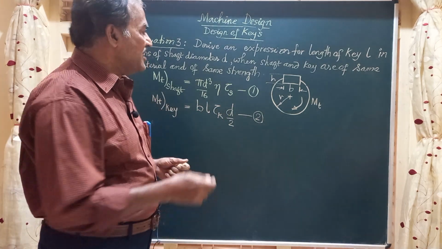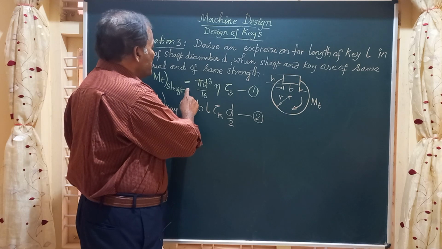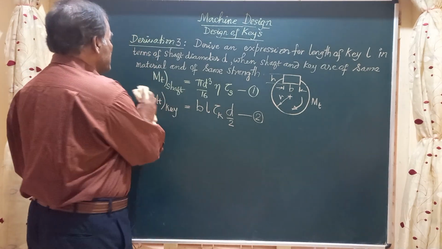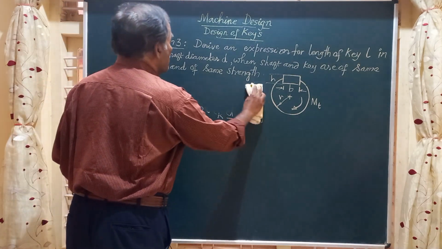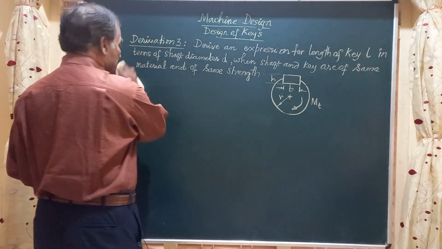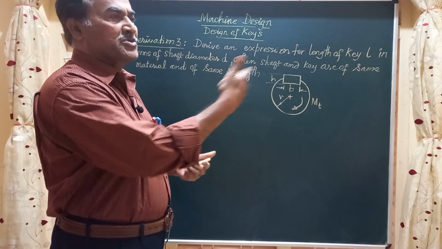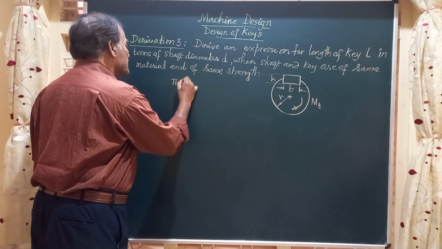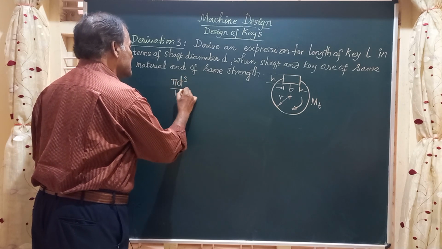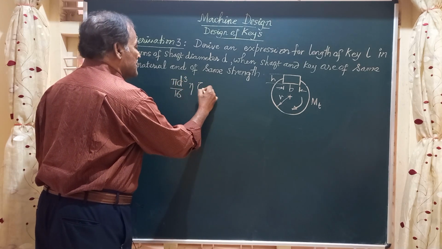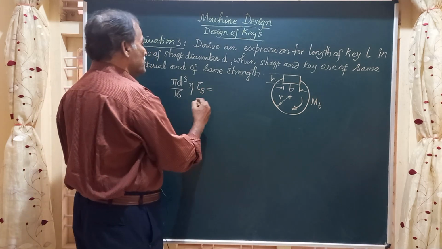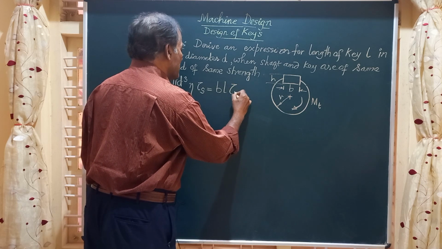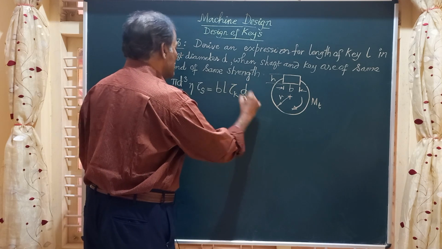That is to say, I am going to equate Mt of the shaft to Mt of the key. That is, we are going to equate expressions 1 and 2. So you will get Mt of the shaft, pi D cube by 16 into eta into tau s, is equal to that of the key, B L tau k D by 2.